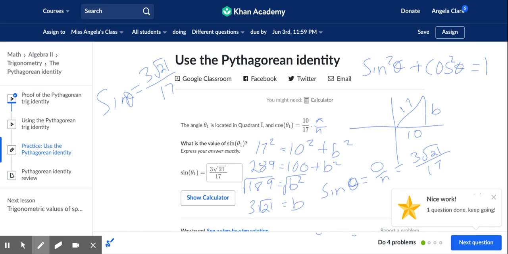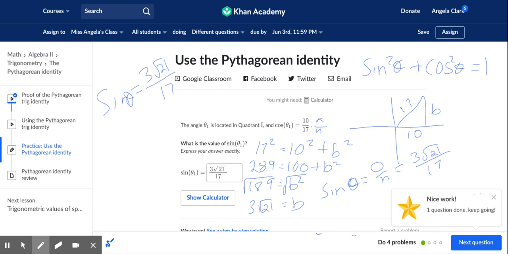I know that the point of this is to get you used to using the Pythagorean identity, but honestly, this is my go-to way of doing it. This is what makes logical sense in my head because I don't have to remember a formula. I'm just drawing a triangle and then using what I know about right triangles.